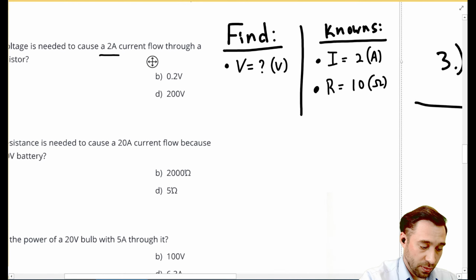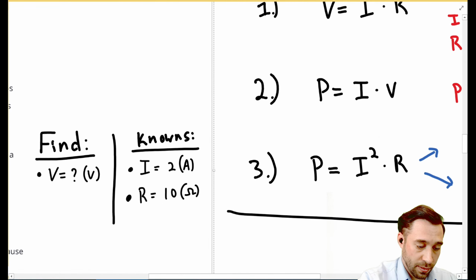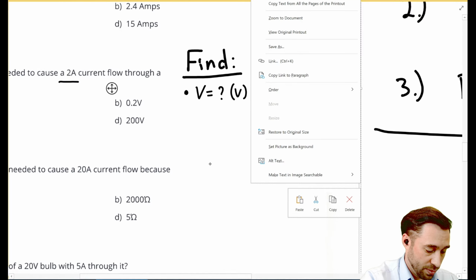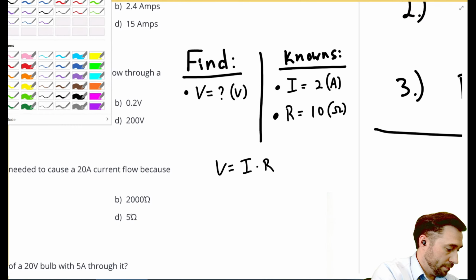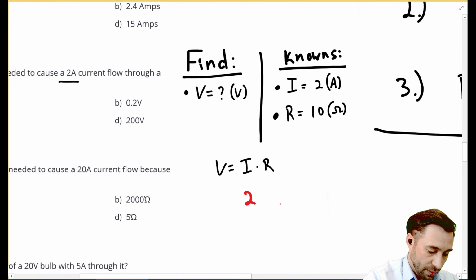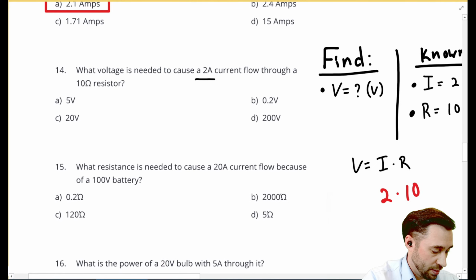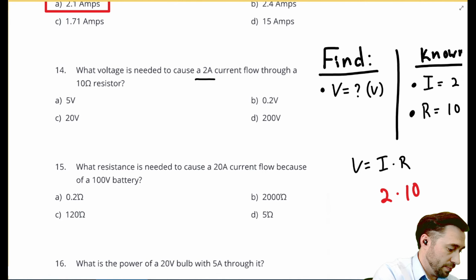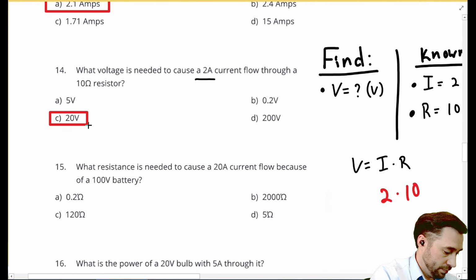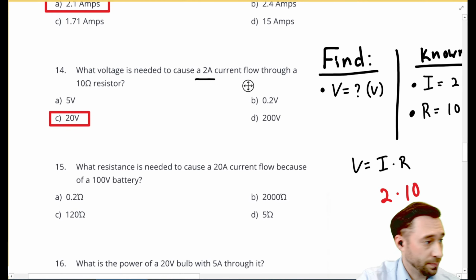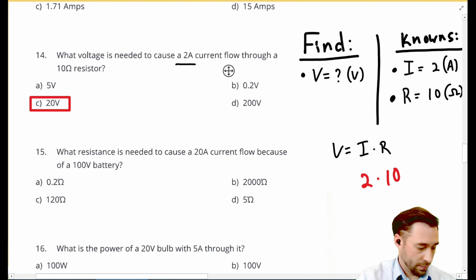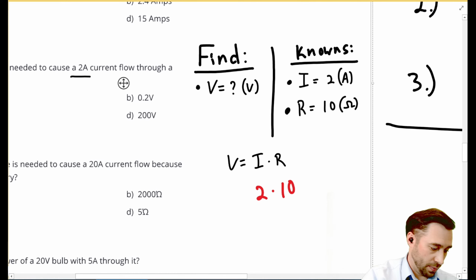So I'm solving for my voltage. So it's just going to be V equals I times R. And current is 2, resistance is 10, 2 times 10, and I get 20. Cool. Okay.